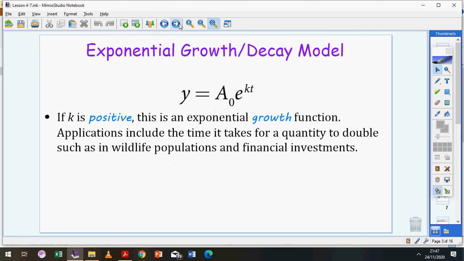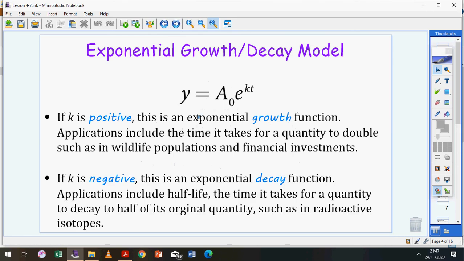Now, in physics and in a lot of applications like wildlife populations, if you want to figure out how many rabbits, for example, there's a story about I think an Australian guy who released 10 rabbits. I can look up the video on YouTube and attach it to the classroom.